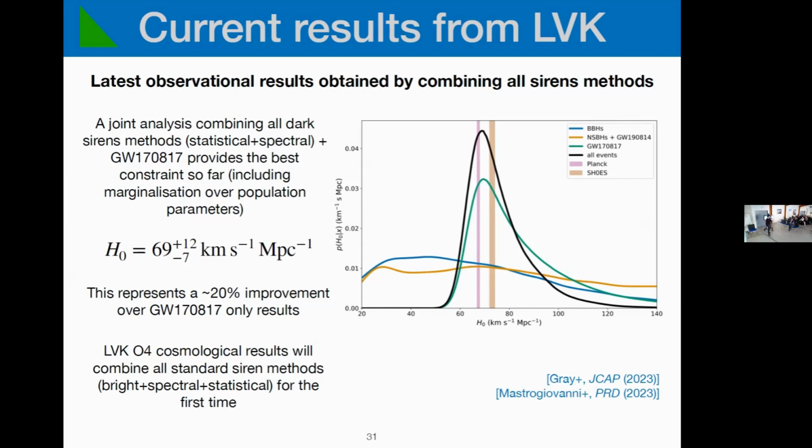What we expect at some point, maybe O4, maybe O5, if we don't detect more counterparts, is that dark sirens will eventually become more constraining than GW170817.